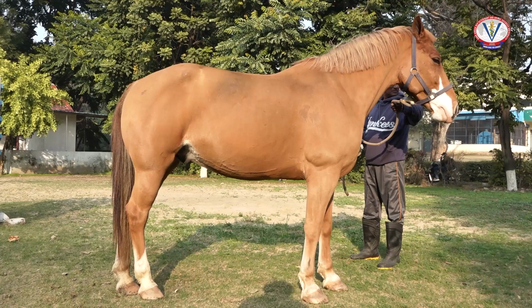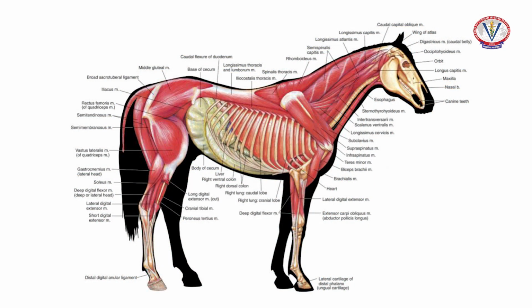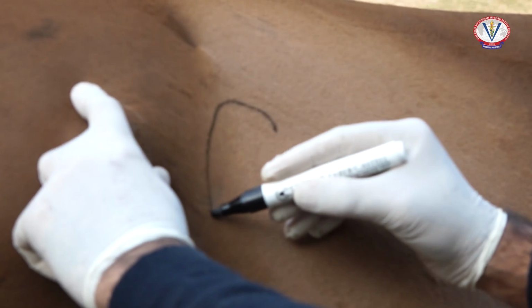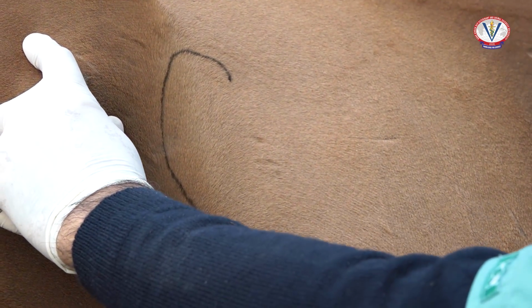In horses, the intestines occupy the major part of the abdominal cavity. The duodenum is relatively fixed in position, whereas the large intestine has an enormous capacity and a sacculated form. The cecum is a comma-shaped structure which occupies the right abdominal cavity.